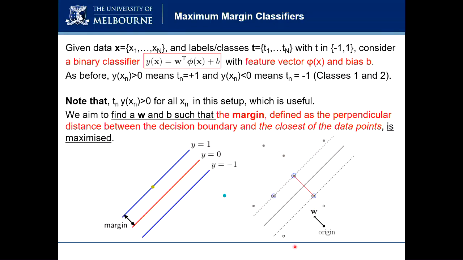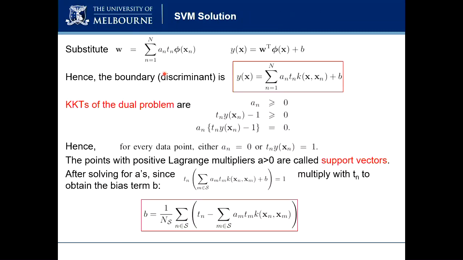All other data points have Lagrange multipliers of 0, and they don't play a role in defining y. When you write y of x in terms of Lagrange multipliers, it is a sum over all the data points, multiplied by the ans. Those data points that do not have a positive Lagrange multiplier will just not be considered, and that will make our life a bit easier.